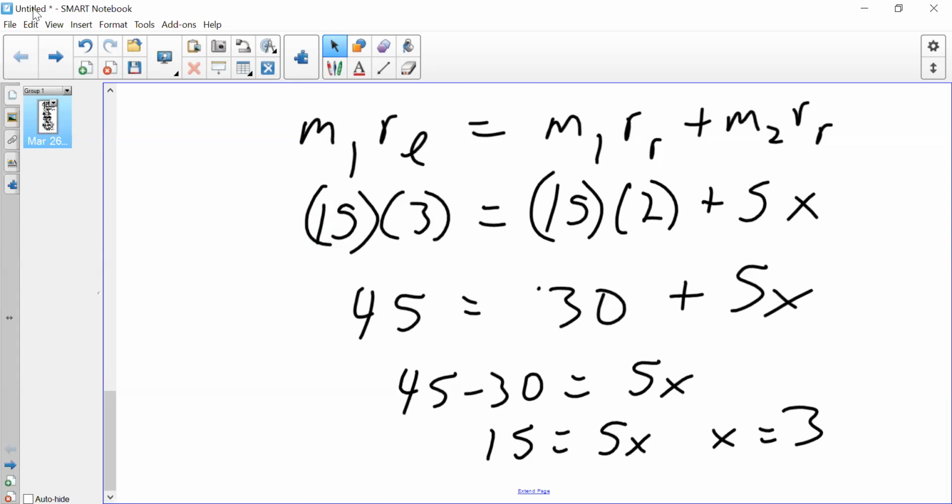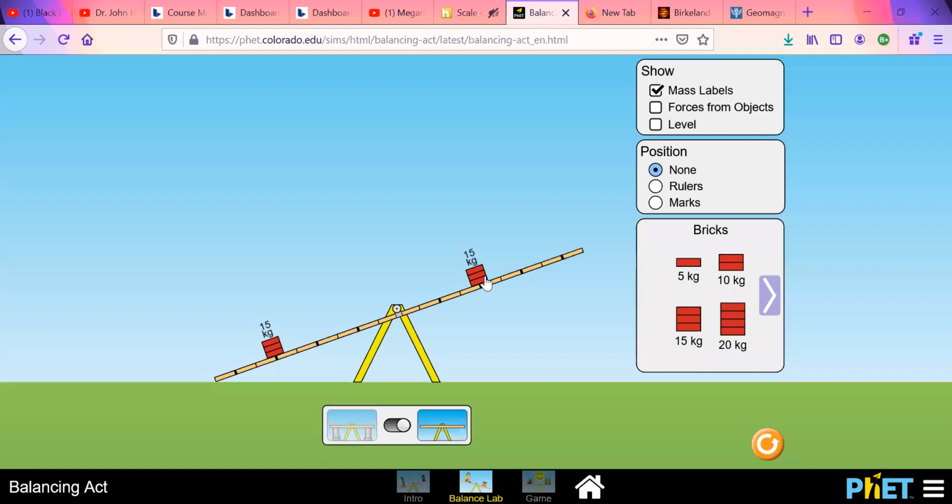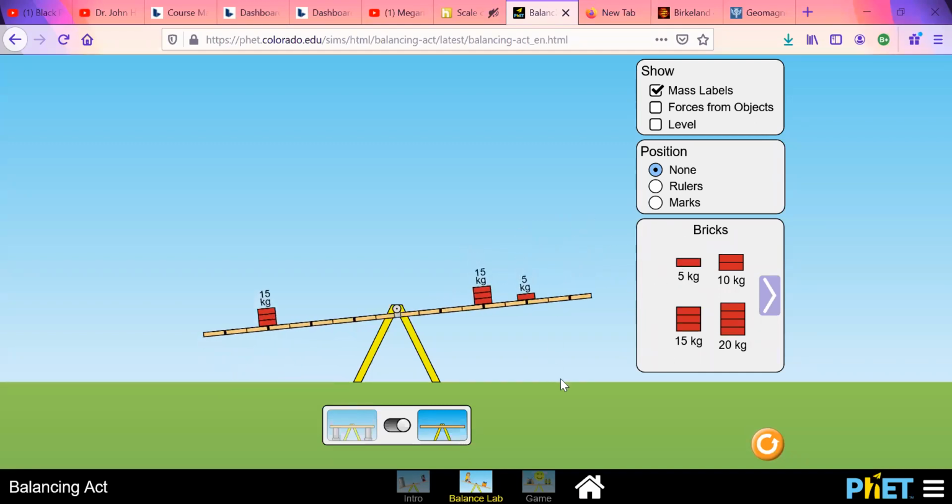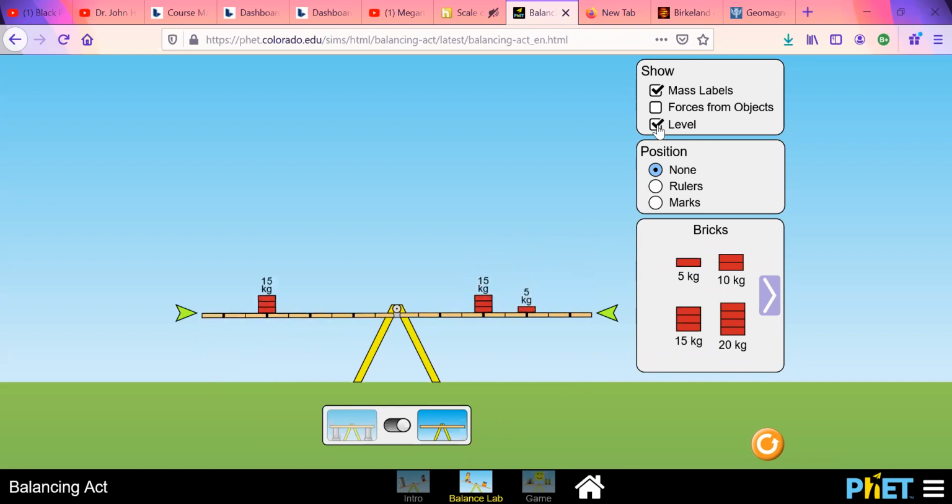Match it up with experiment. So it's 15 at 2, 5 at 3, and look at that, we have balance. And if you want to, you can put the level in there to make sure it's roughly level. And then if you want to have the forces labeled just to give an idea of the magnitude of the forces, that's up to you.